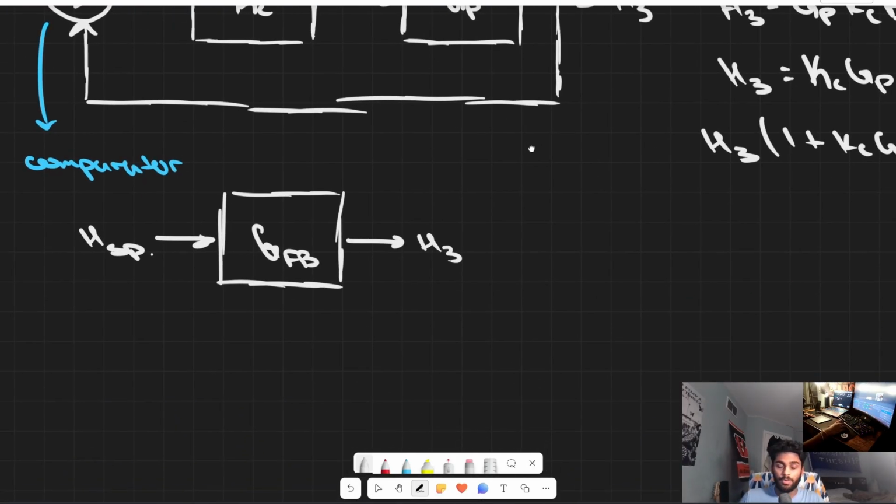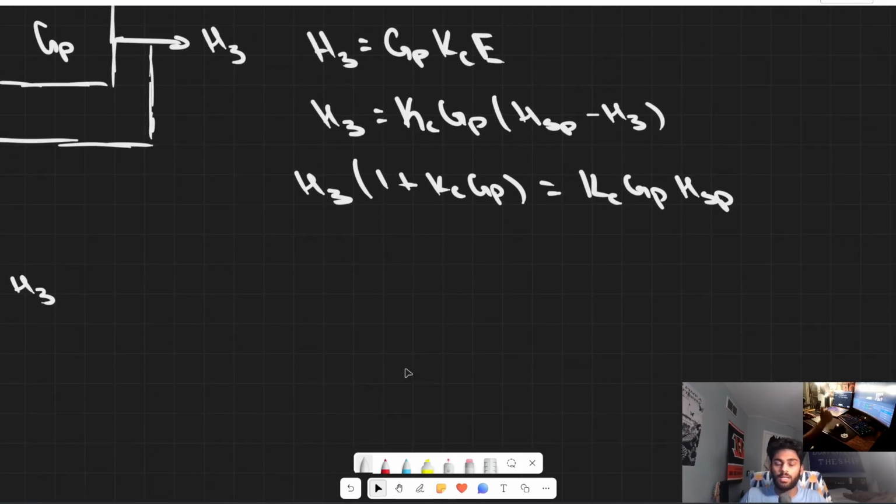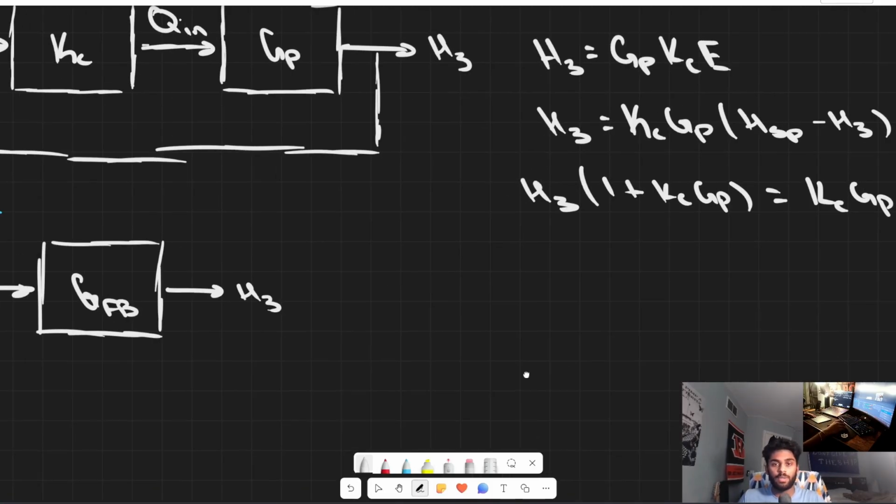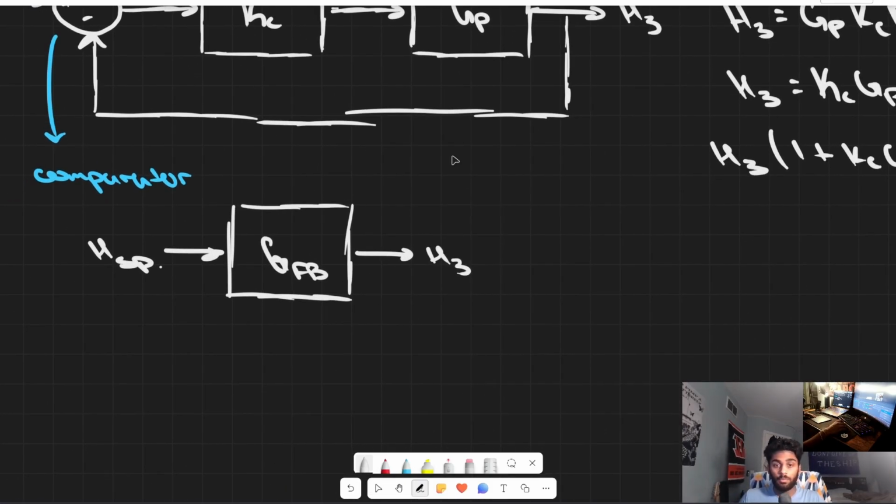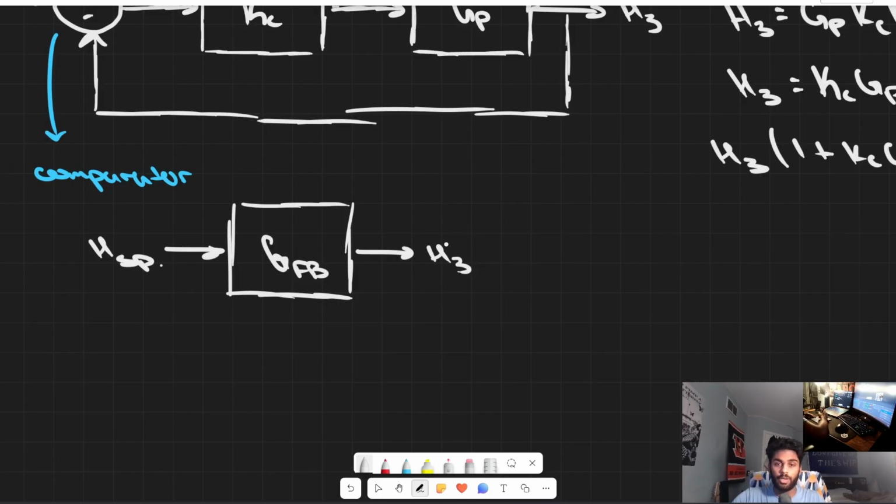And if you notice, G with feedback control is equal to our, well, maybe let's not do it that way. I think it might be easier to just do the relationship of these two values, because essentially we have some sort of multiplication going on here. So our H3 times GFB equals HSP.